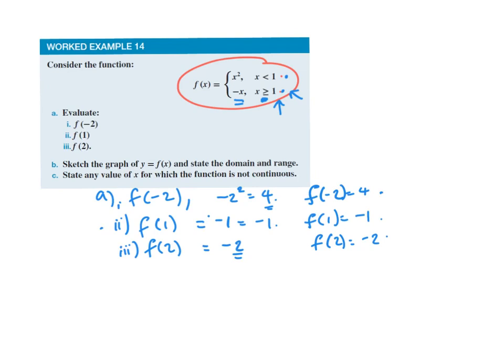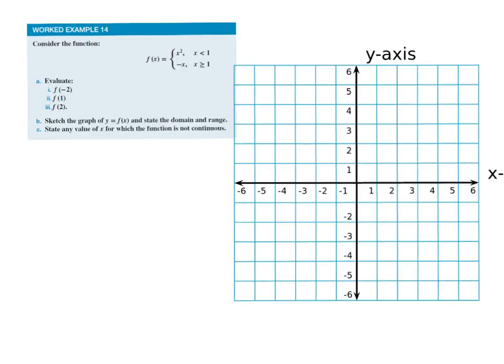Now we're going to sketch and show the domain and the range. Let's sketch the x squared function first. There is a defining point or overlap when x is 1, so I'm going to circle 1 here to hold that space.